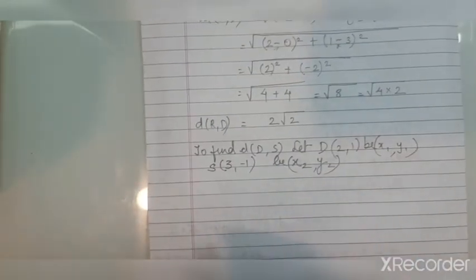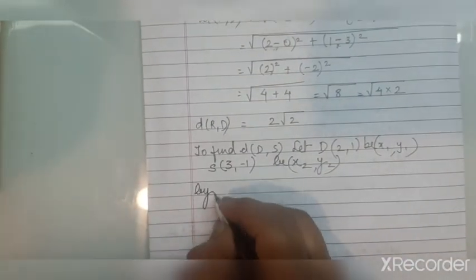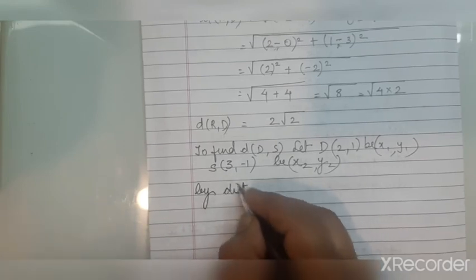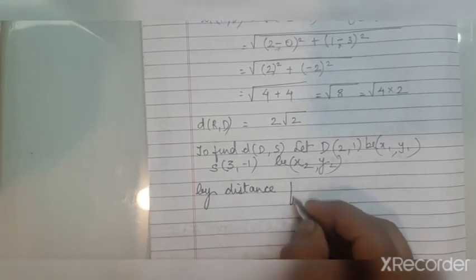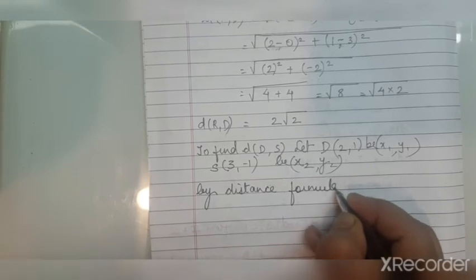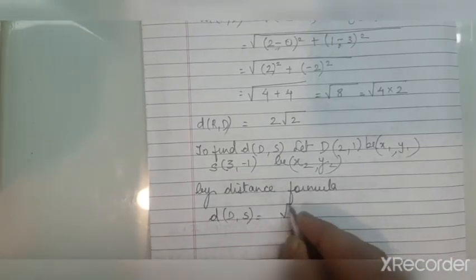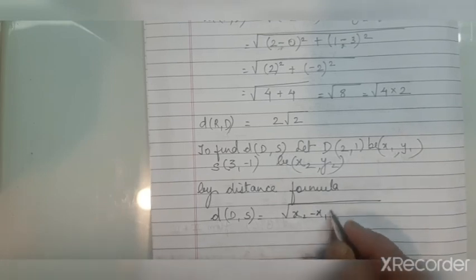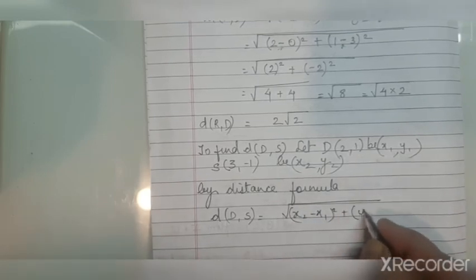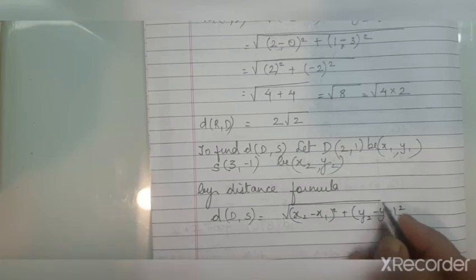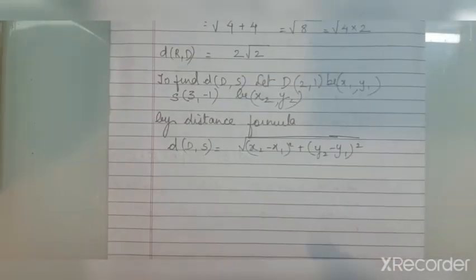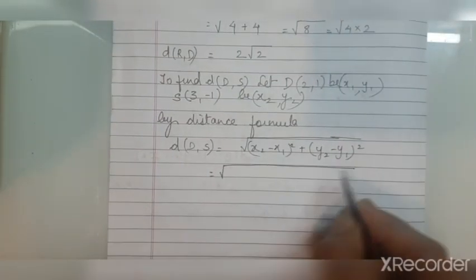Now by distance formula, first we'll mention the formula, that is DS is equal to x2 minus x1 the whole square plus y2 minus y1 the whole square.